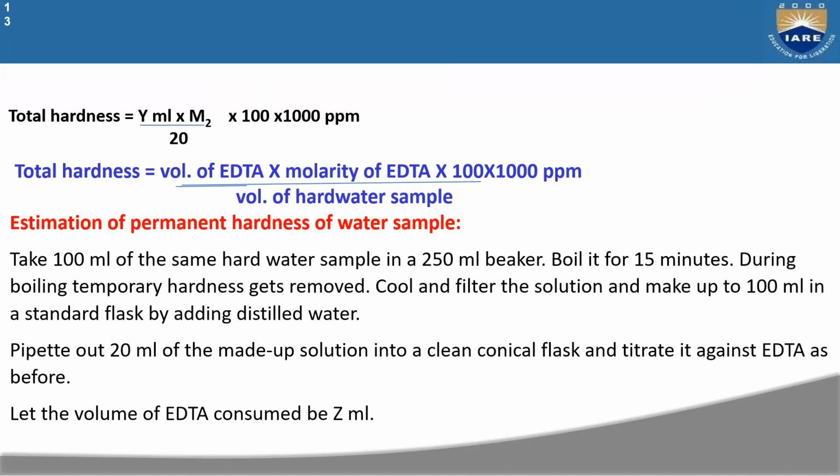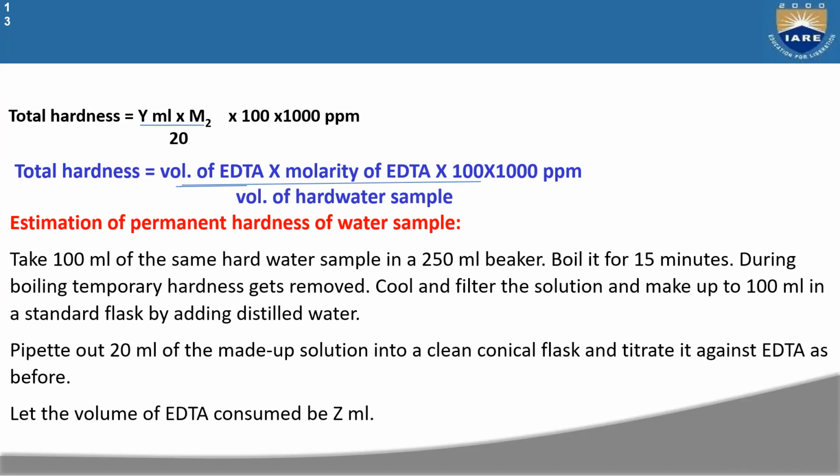And the second step, we can understand. The second step contains the same EDTA solution, but in the conical flask only the given hard water is changed. That we titrate with the EDTA solution.